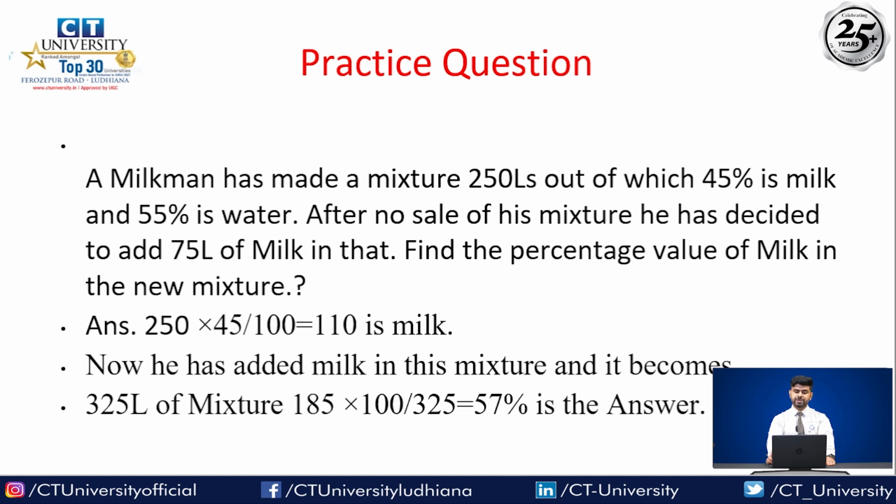The total mixture is 325 because 250 plus 75 is 325. So the percentage is 185 into 100 over 325, and the value would be about 57%. Okay, this is the new percentage of milk in the mixture.